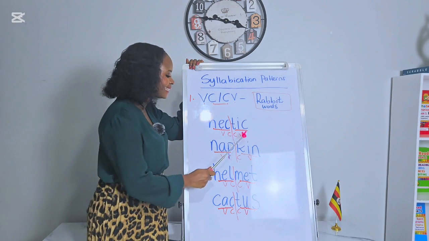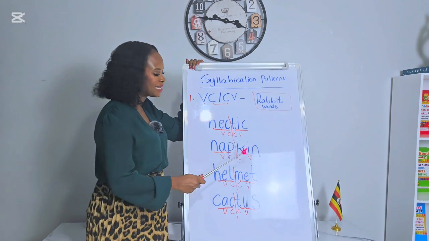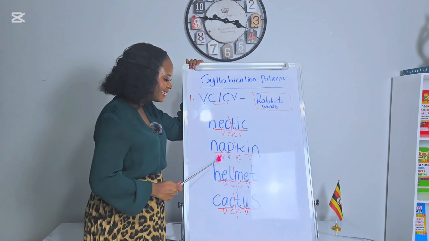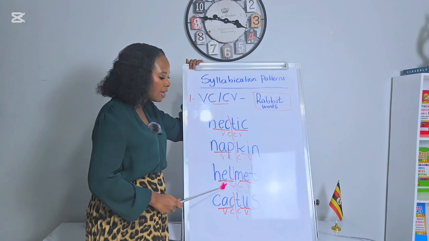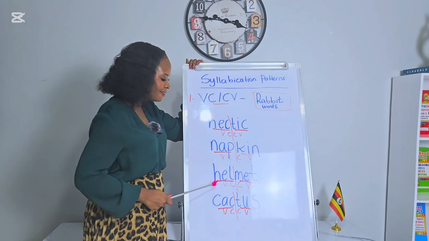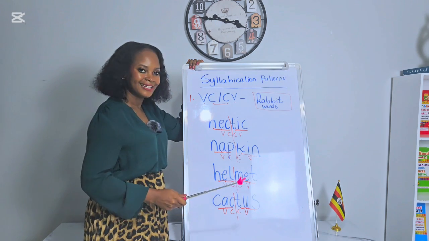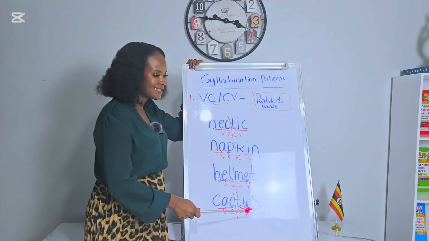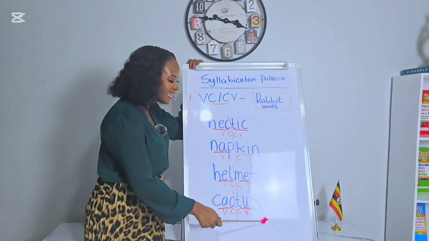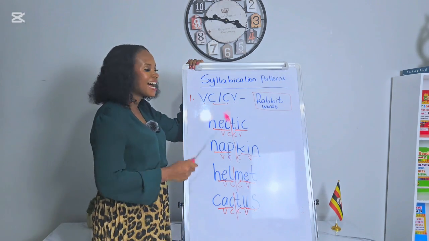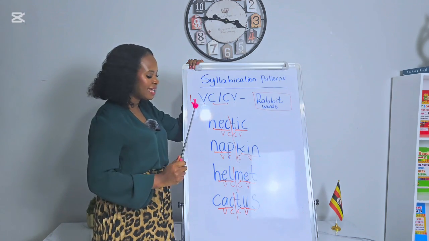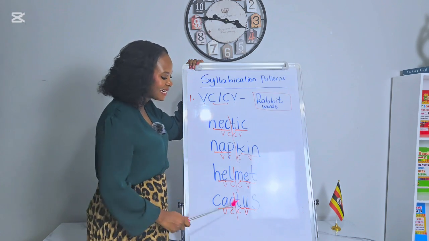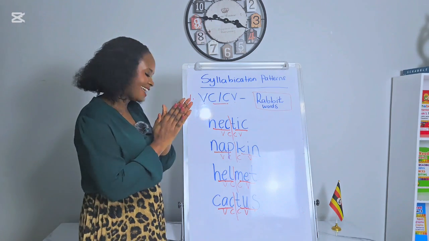Blend. All right, let's read the words out loud together. Hectic, napkin, helmet, cactus. Yay!